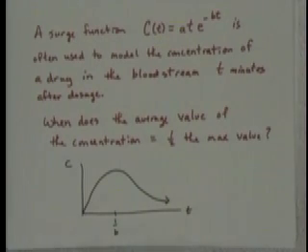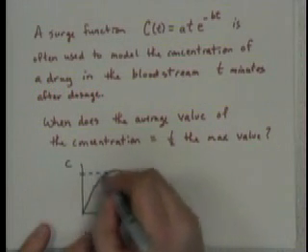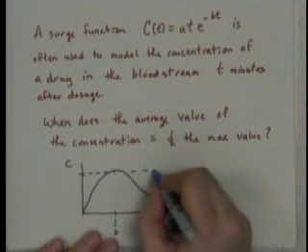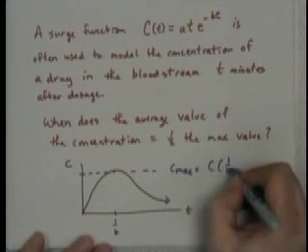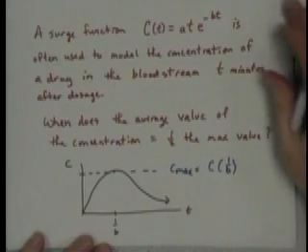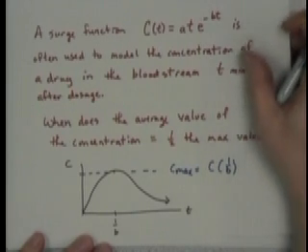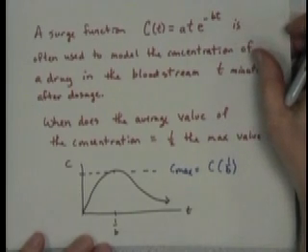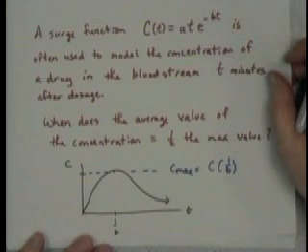So the maximum value here is C of 1 over b, and I'm going to have to just write the integral down here. So C max is what I get when I plug 1 over b in. How do I find average value? That was one of our applications from a previous chapter.